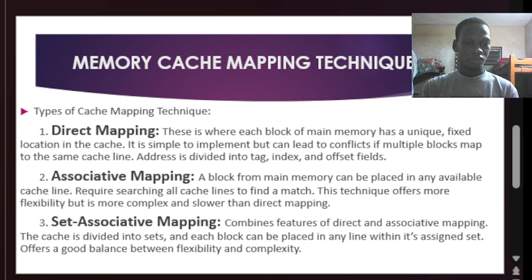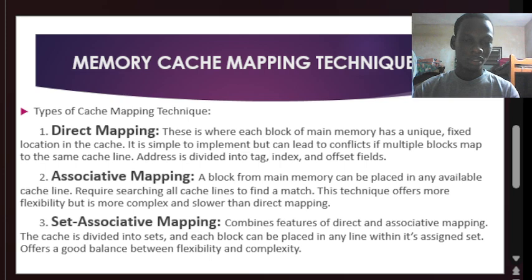Now, with direct mapping, each block of main memory has a unique fixed location in the cache. Blocks are like segments or parts in the memory.